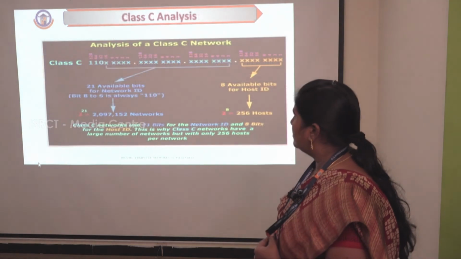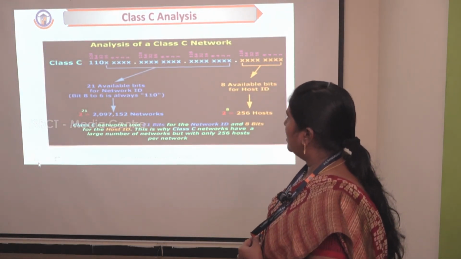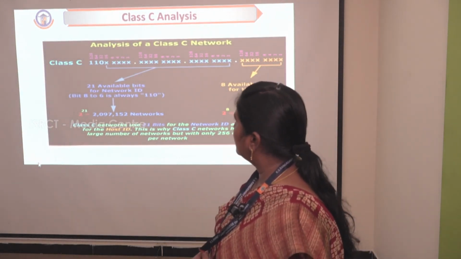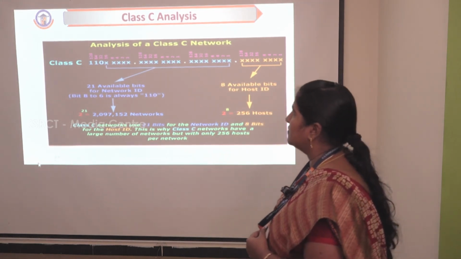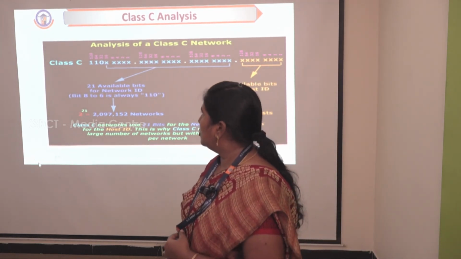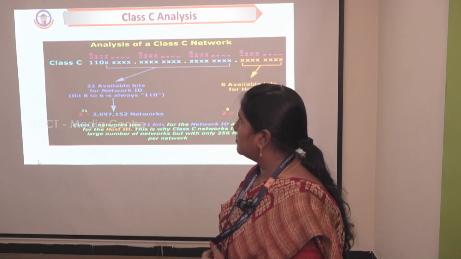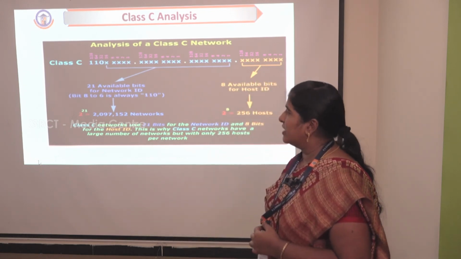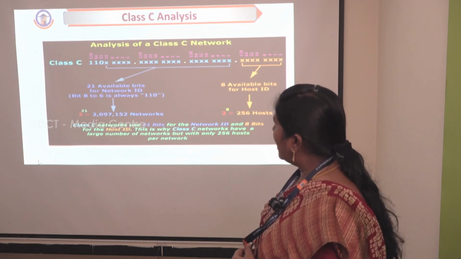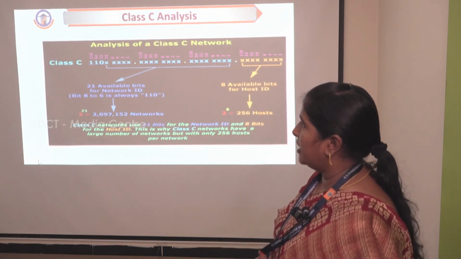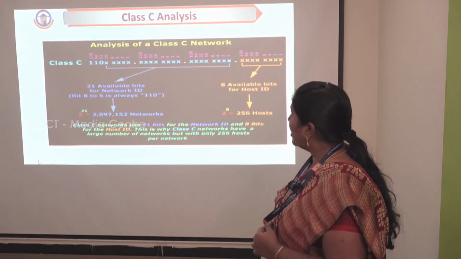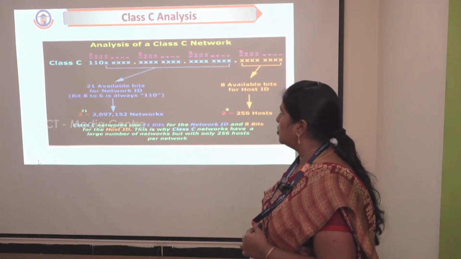So here is a simple class C network analysis. The class C address starts with 110. If any IP address starts with 110, it comes under class C. In class C, the first 3 octets represent the network portion and the last octet represents the host portion.